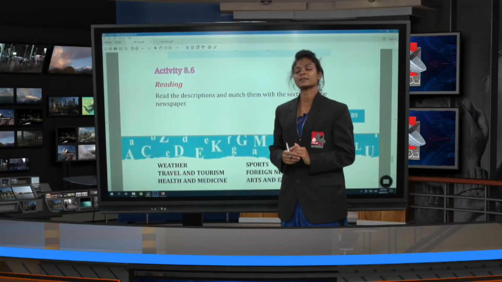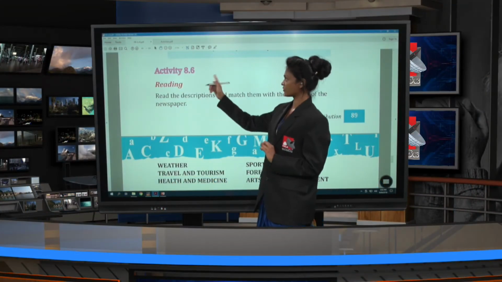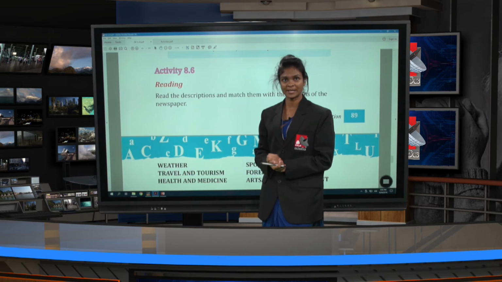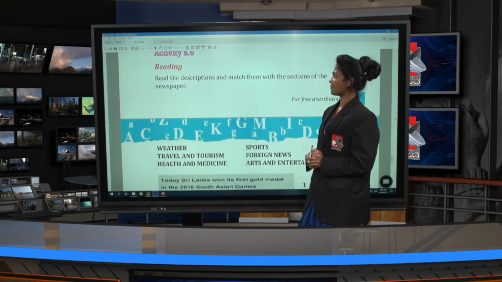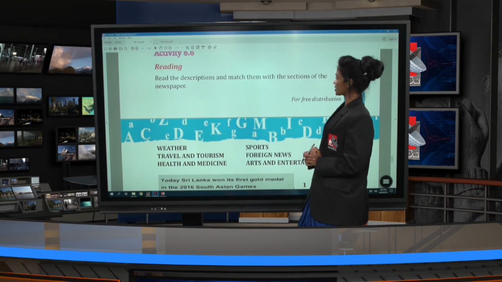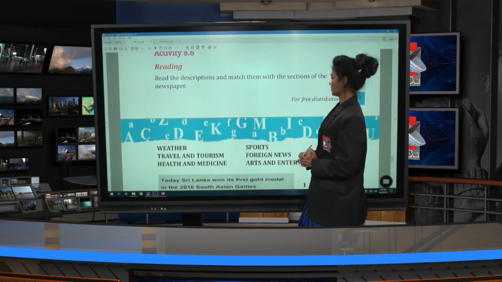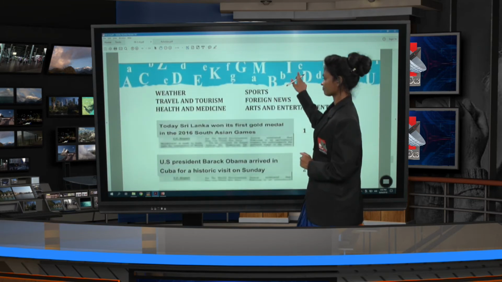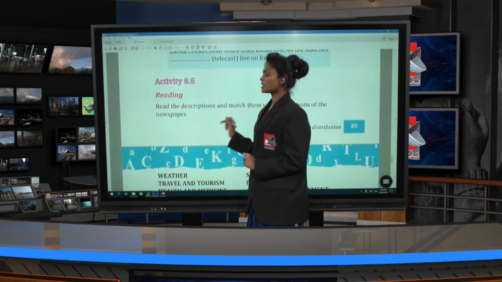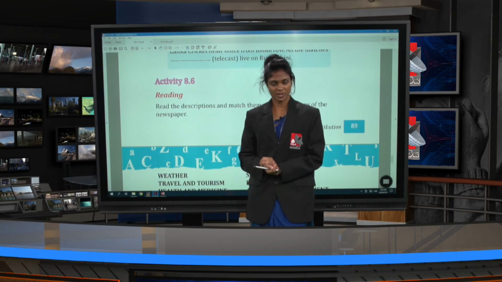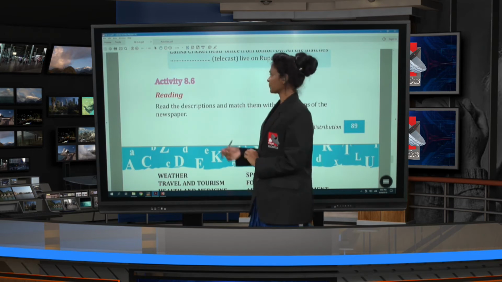Then there's another activity, activity 8.6. It's a reading activity. Read the descriptions and match them with the sections of the newspaper. This is the lesson we are going to discuss next week.